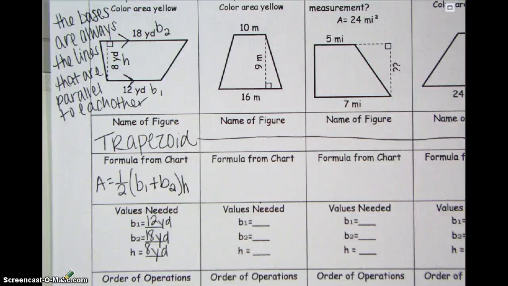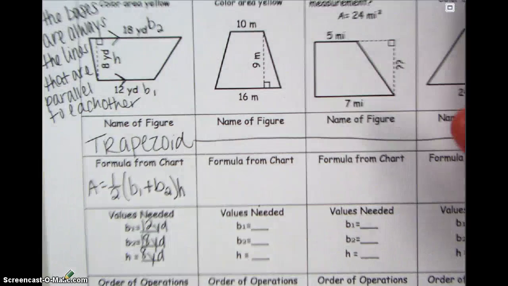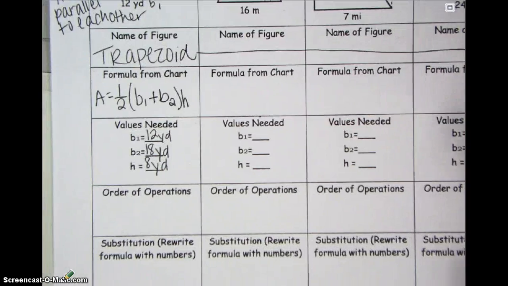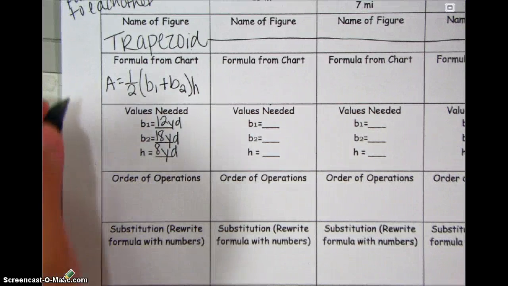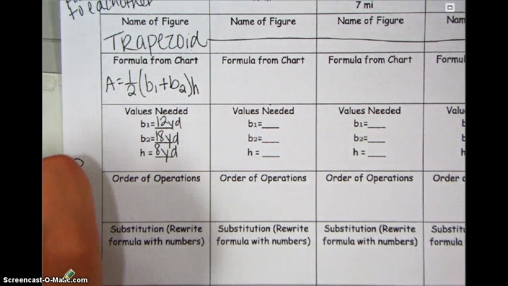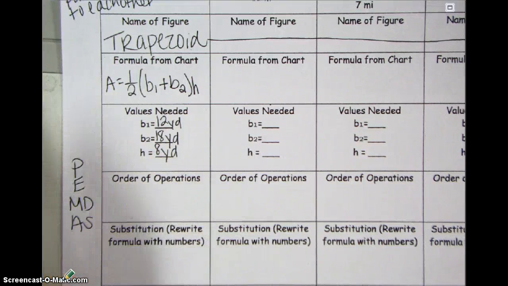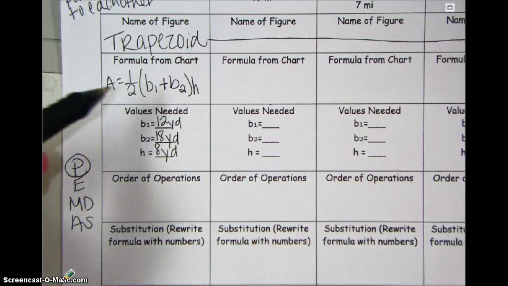Now when we actually solve for the area of trapezoids, we have to be very careful with what order we do these things in. Recall PEMDAS. When we talked about order of operations in PEMDAS, we talked about the parentheses always coming first. Well, I see parentheses here.